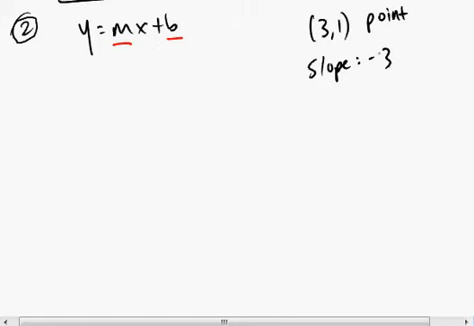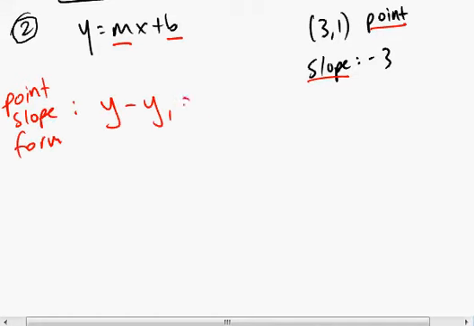So one way to do this is, if they tell you a point and the slope, put it in point-slope form, which is this, and then just solve it for y, and that'll put it into slope-intercept. So y1 is the y, x1 is the x, and the m is the slope.